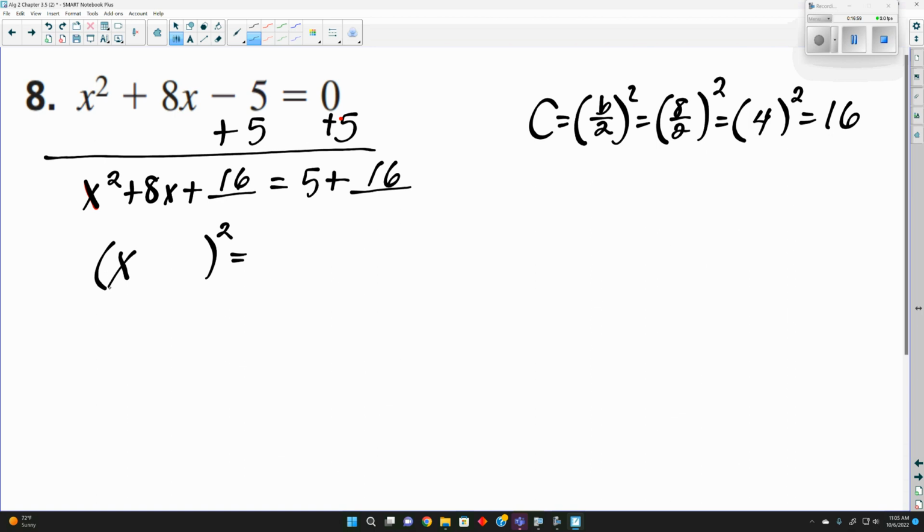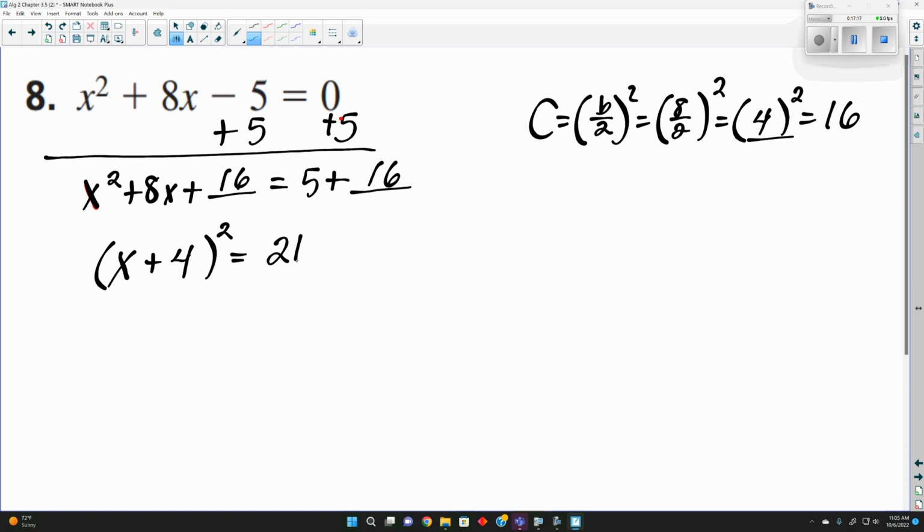And the number inside the parentheses before we squared it is 4. And it's positive, so we would get x plus 4 squared equals 21.